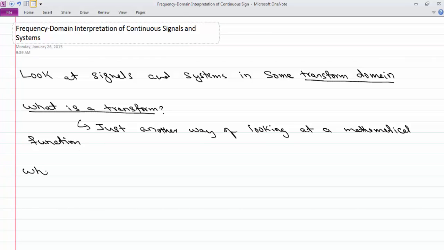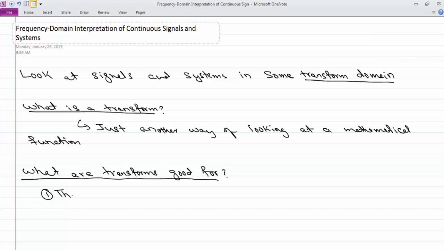Now, what are transforms good for? I know you have learned about a lot of transforms, and sometimes people just go about these transforms without really realizing why we are learning all these transforms, what their purpose is. So I'm going to give you just a 1-minute description of what transforms are good for. One good use that they have is for analysis.